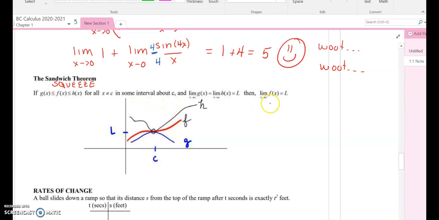And what this is saying, if you go ahead and read this, if I can't find a limit directly, then maybe I can find it indirectly, and this is that case.